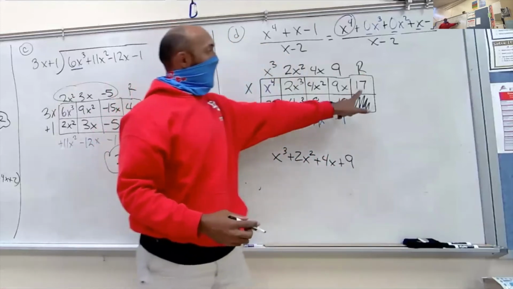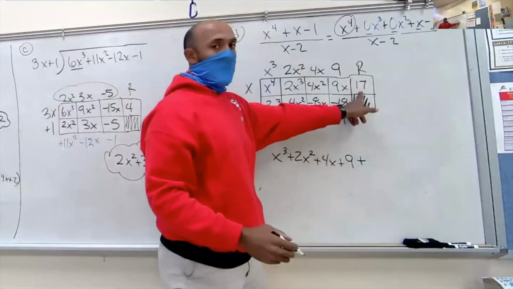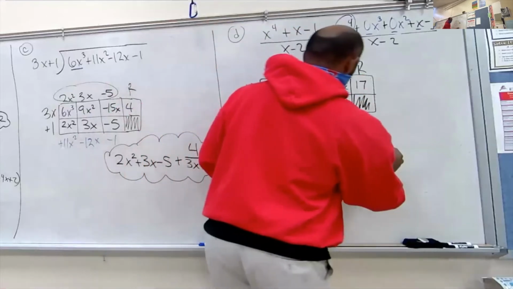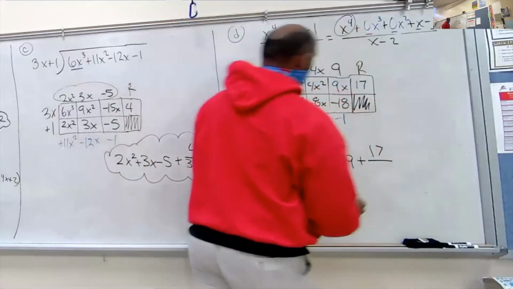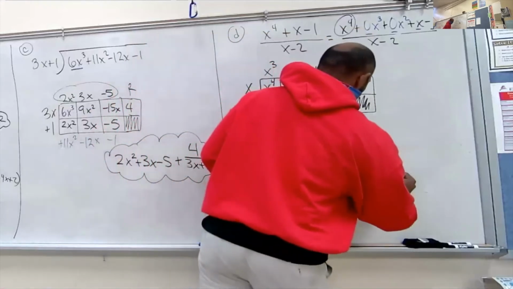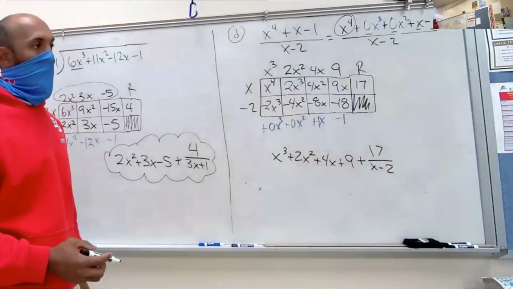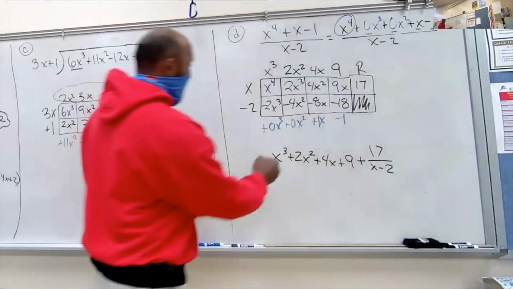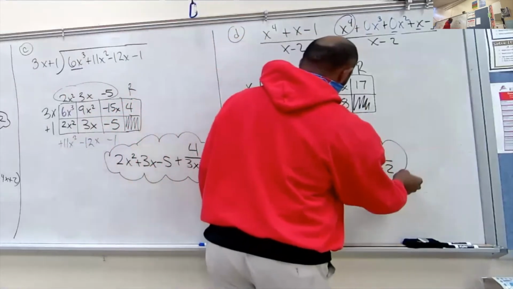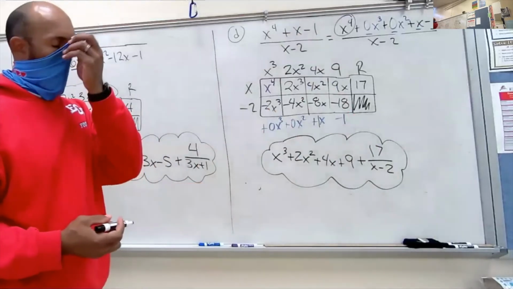And then I take the remainder. In this case, it's positive, so I'm adding it, and I put it over the divisor, x minus 2. That ends up being your quotient, or your answer, which has a remainder in this case.